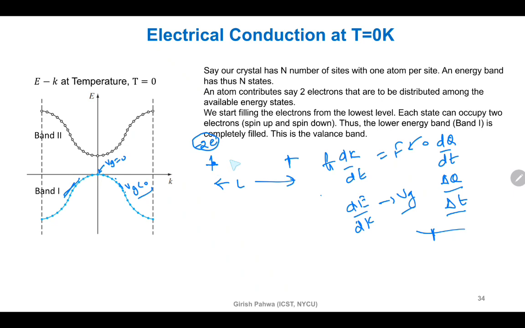They are traveling from, say I talk about a particular k state here, so this is moving like this. So there is some movement of charge, and this movement of charge is going to contribute to some current. How much current? Can you calculate the current? What will be the current?